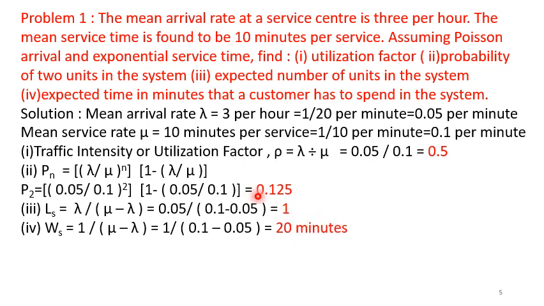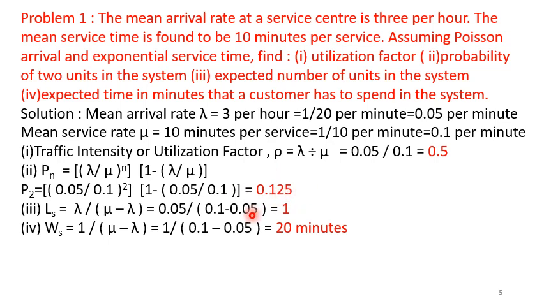So you can see here, using the appropriate formula, you can arrive at whatever measures are asked. The utilization factor is 0.5. The probability that there are two customers in the system is 0.125 or 12.5%.